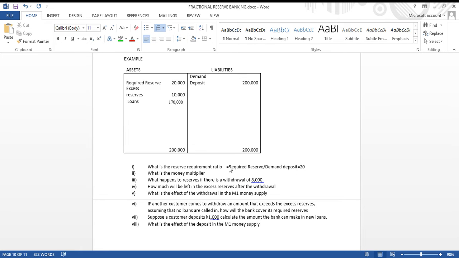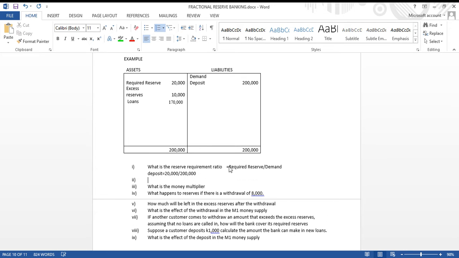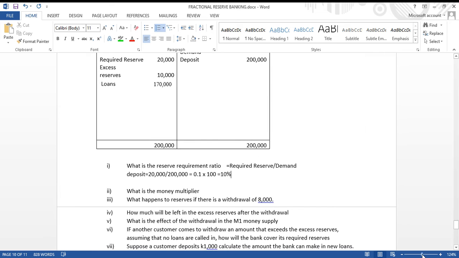So we say 20,000 divided by 200,000. That gives us 0.1, times 100, gives us 10%. So the reserve requirement ratio is 10%.